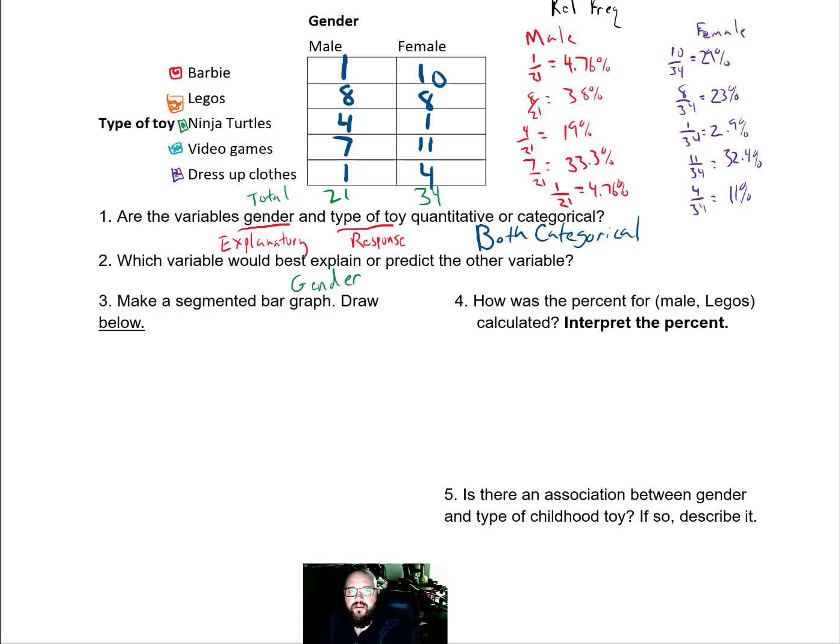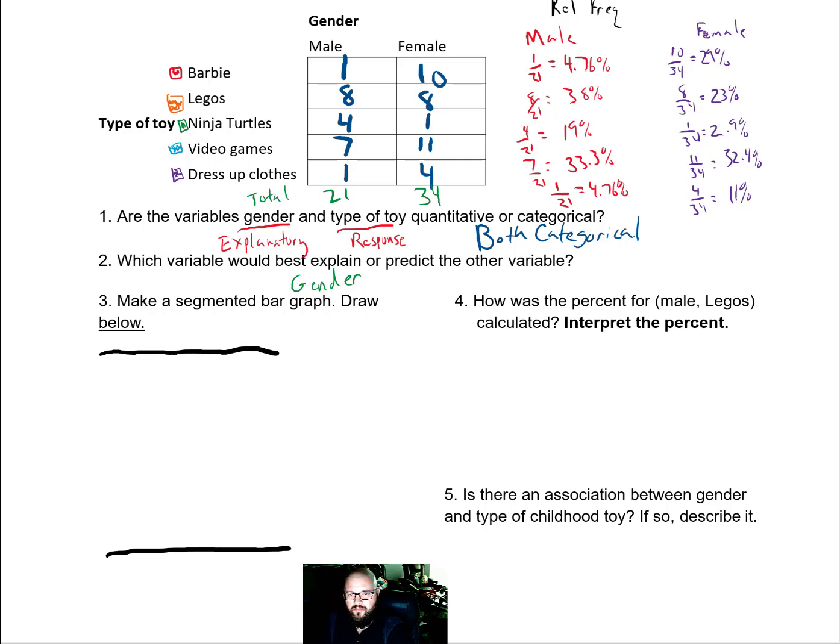Now let's go ahead and make up our segmented bar graph. So I'm going to start out here. We're going to come down here to the bottom, and then we'll do our top. Okay.